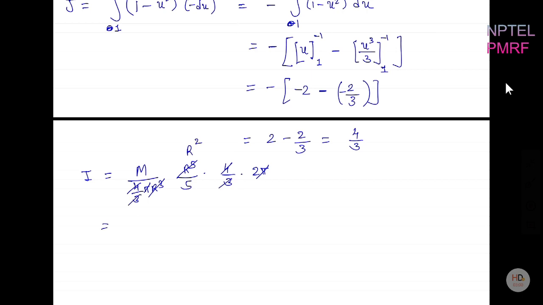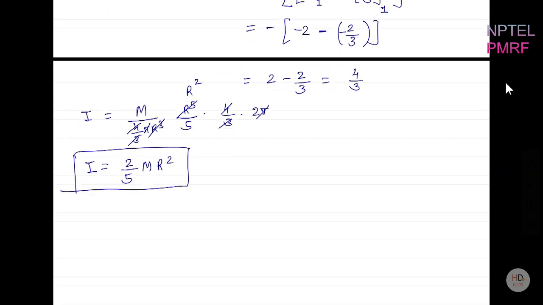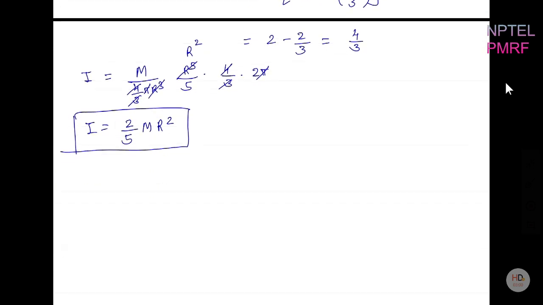These 3 get cancelled, and at the end we have 2 by 5 m r square, right? You might have actually derived this in your 12th standard JEE preparation or NEET preparation using a different method, but once you learn polar coordinates, it becomes really simple.